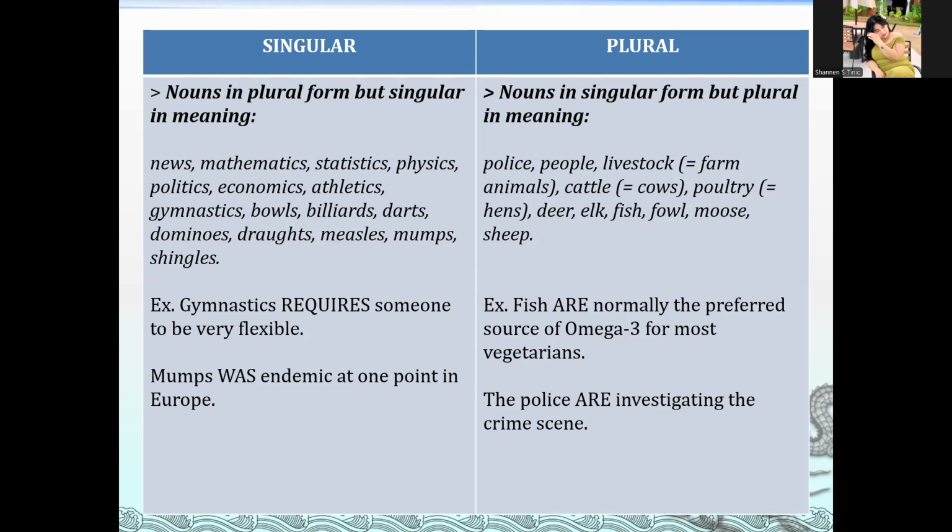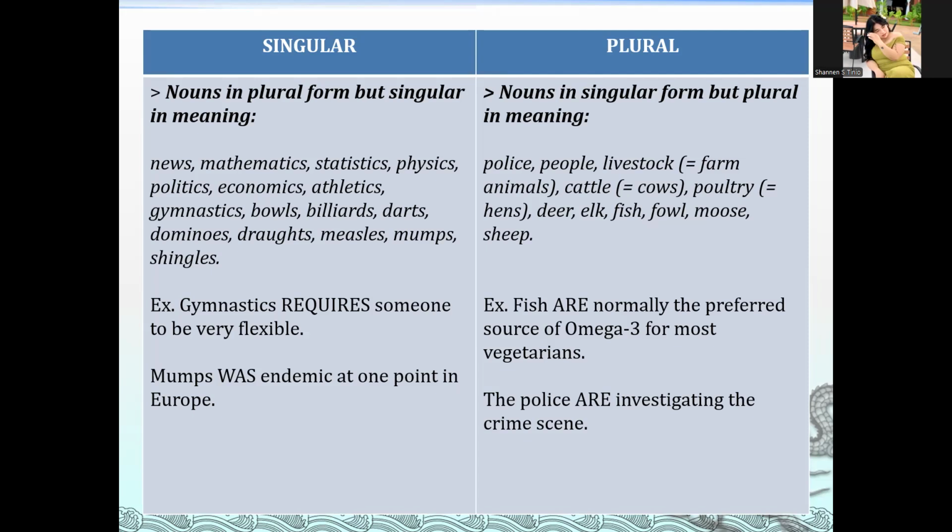Mathematics. Statistics, physics, politics, economics, athletics, gymnastics, bowls, billiards, darts, dominoes, drops, measles, mumps, shingles, and the list goes on. Yan lang yung mga basic na nouns, plural in form, but singular in meaning.